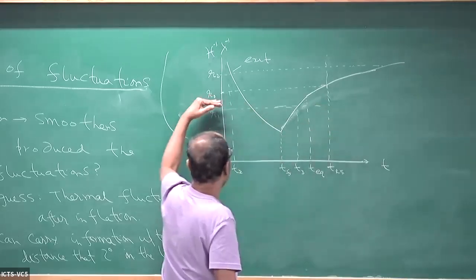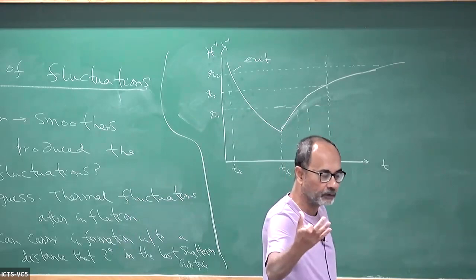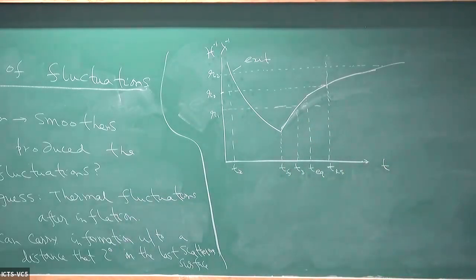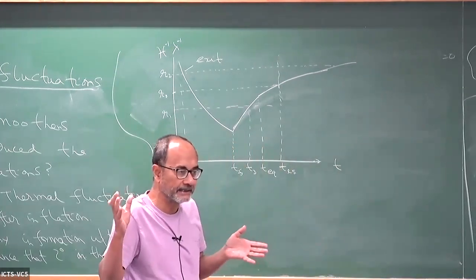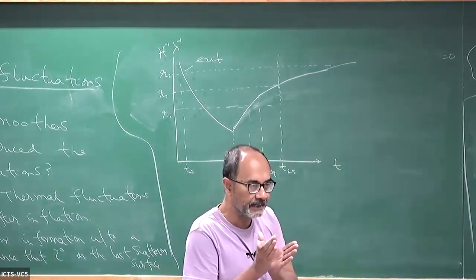Right? R naught is a boundary, so that fluctuations above R naught cannot be affected by microscopic physics after inflation. Fluctuations below R naught can be affected by the microscopic physics after inflation. That's because of the speciality of the time of last scattering, exactly. And that's this 2 degree, right? From earlier analysis we had concluded that the 2 degree is the limit.